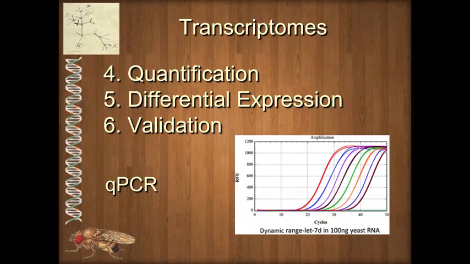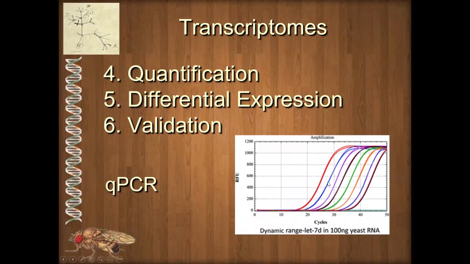And then finally, particularly if you're drawing some pretty strong conclusions from your differential expression analysis, often there will be some sort of independent validation or verification of these expression levels. And the most common way to do that is qPCR, or quantitative PCR. This is a diagram showing the output of a qPCR run. Basically, what you do is you look for when a sample becomes amplified.